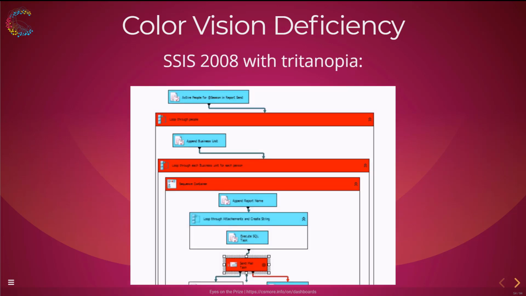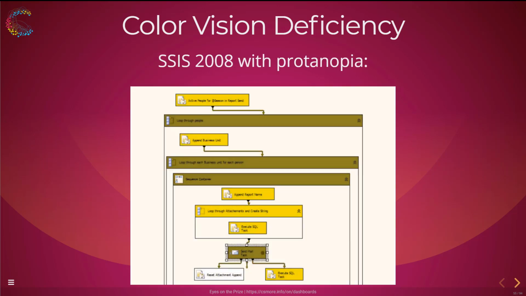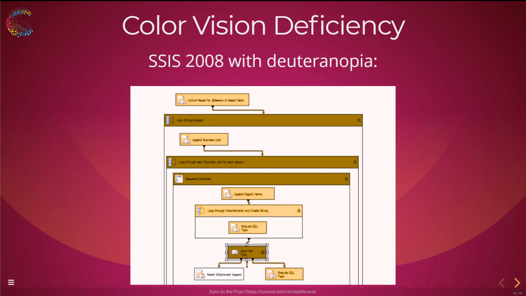Well, if you have tritanopia, it's still easy to tell. Green becomes a light blue, but otherwise you have success and failure. If you have protanopia, it becomes a lot more difficult. Different tints of yellow. So maybe you can tell that one is a failure and one is success, but it's much harder for a person. Deuteranopia, same thing. Yeah, you may be able to tell, but it's a lot harder to differentiate.